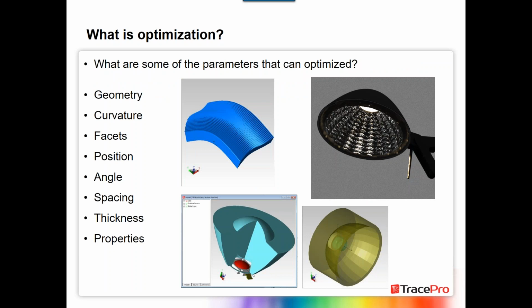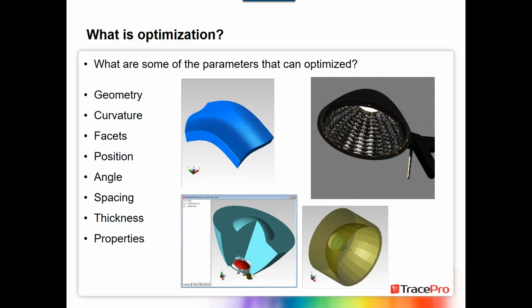What are some of the parameters that we could optimize? Well, we could look at things like geometry, curvature, facets, position, angle, spacing, thickness. We can optimize properties, selecting the best property for a given application. So there's a lot of different parameters and features that can be optimized.